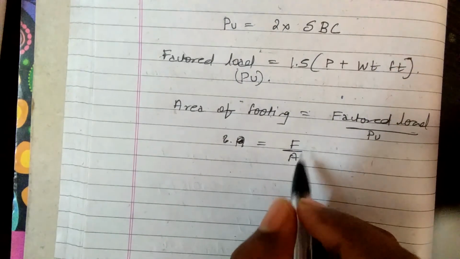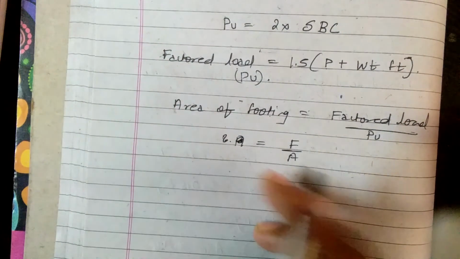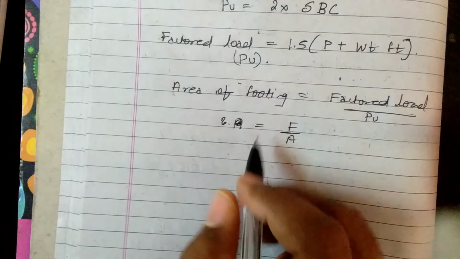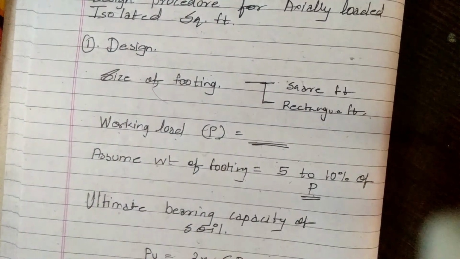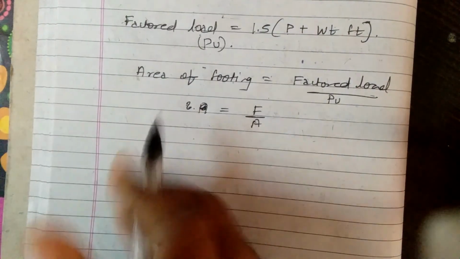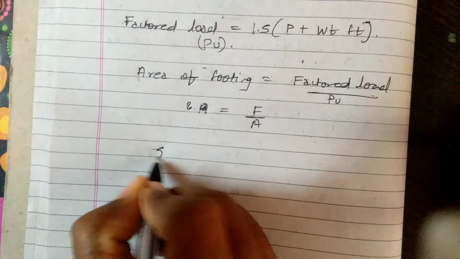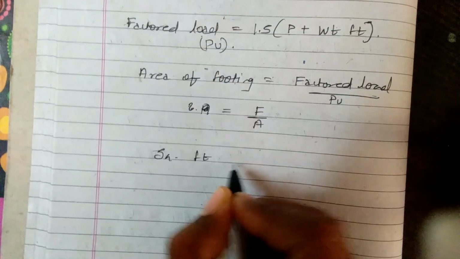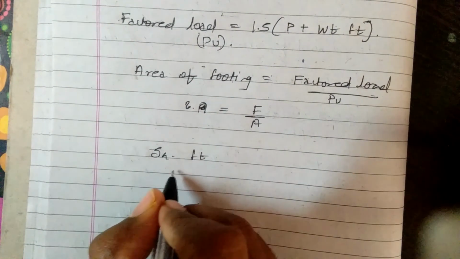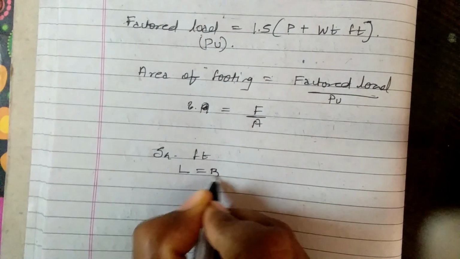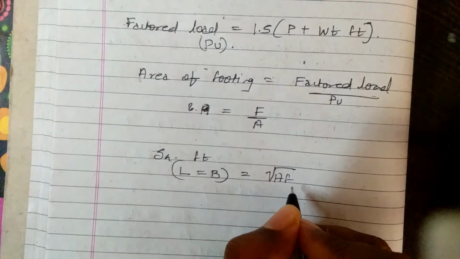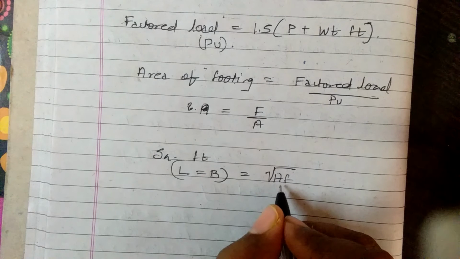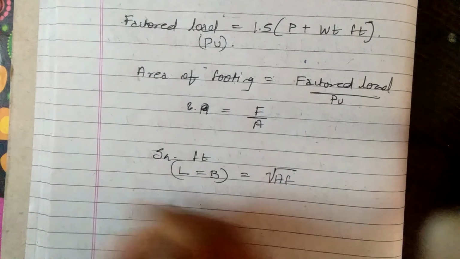Now the next one, from that you get the area of footing, and after that there are two options: square footing and rectangular footing. For the square footing, it is very easy. Here L is equal to B, so it is equal to the root of the area of footing. Then you will get the size of the footing.